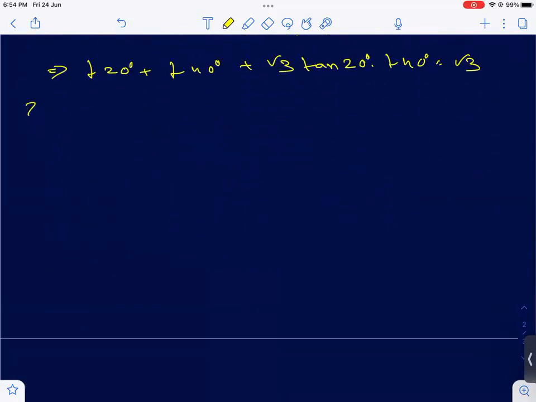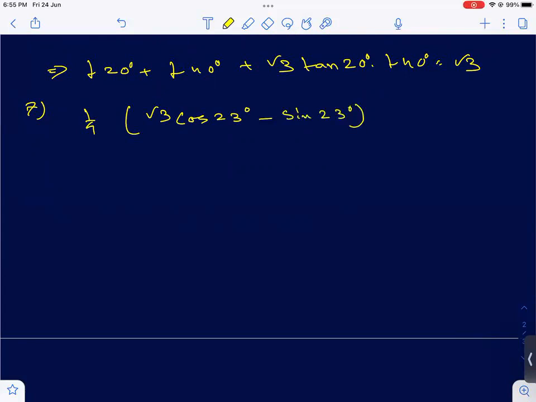Sum number 7. In this case, root 3 by 2 cos 23 minus sin 23.